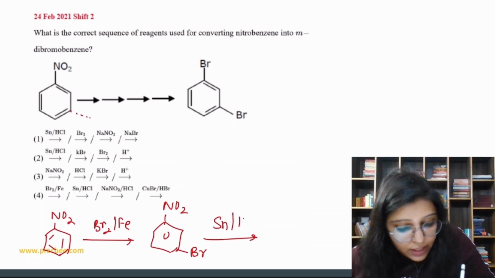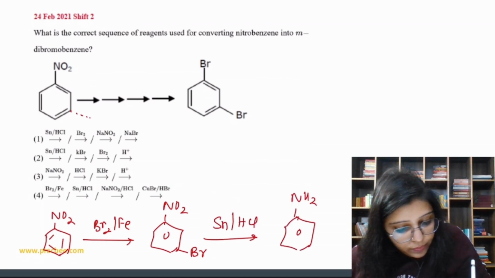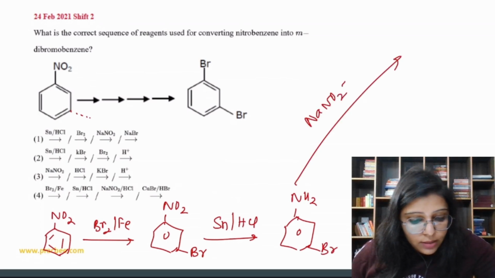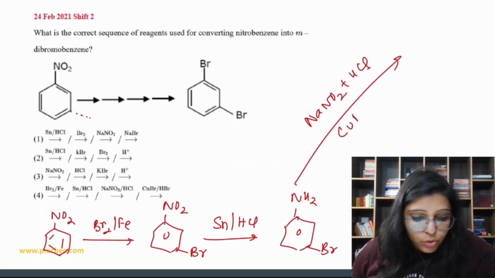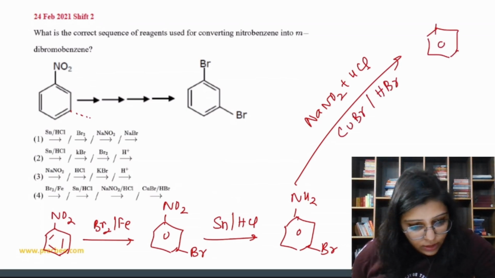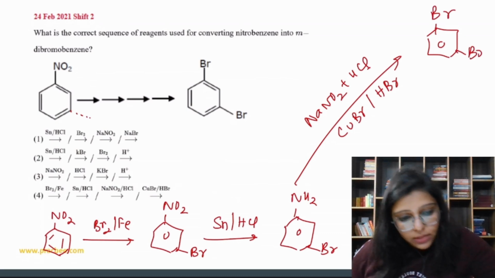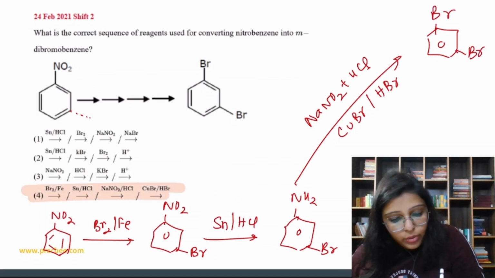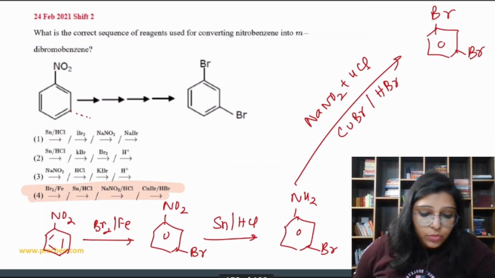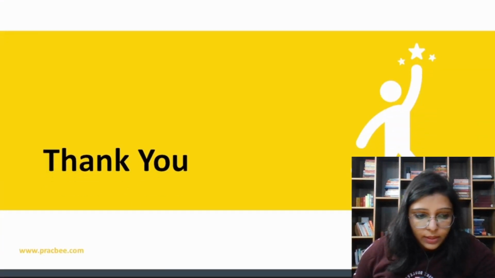Then in the presence of HCl, NO2 is reduced to NH2. Then NaNO2 HCl, diazonium, and then CuBr. Okay, so on the basis of that, the fourth is going to be the correct answer.